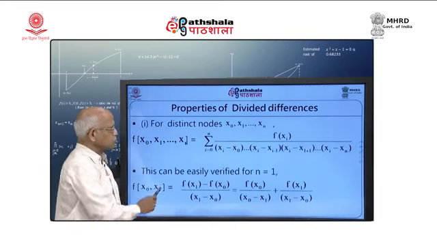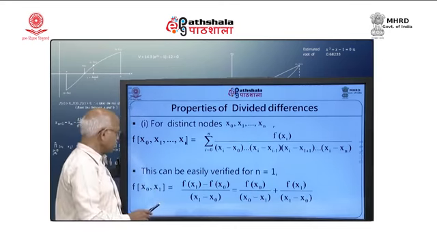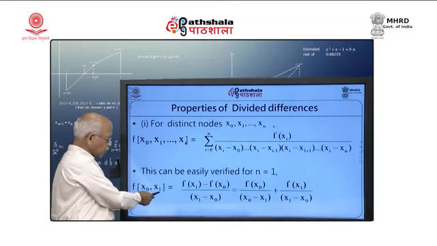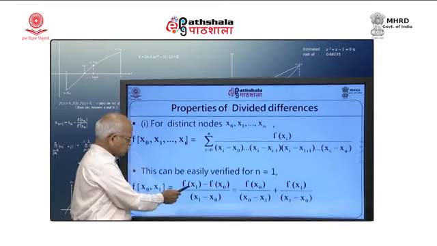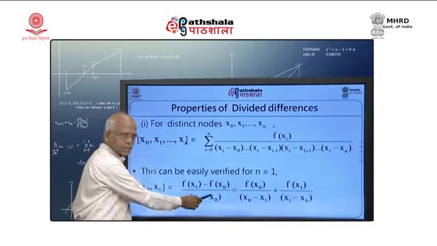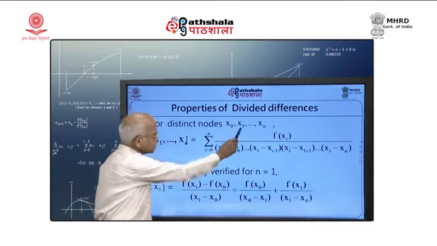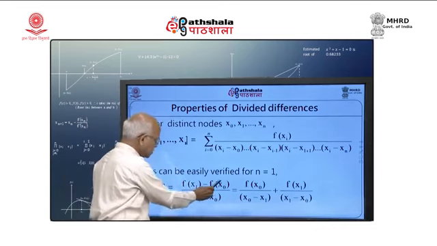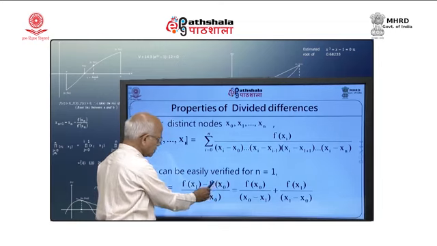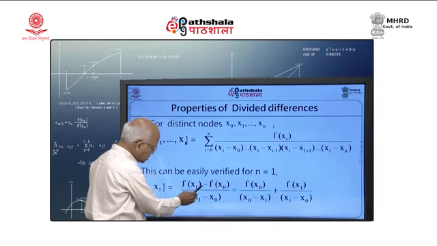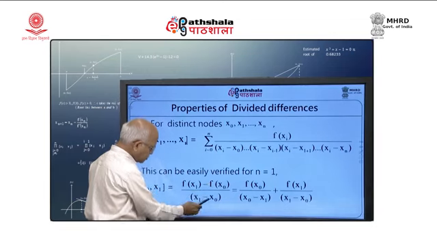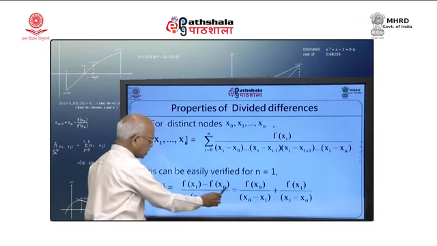For example, suppose I want to do n equal to 1. So, what is my divided difference? f x 0 x 1 is given by f x 1 minus f x 0 upon x 1 minus x 0. If I write it in this form, I will first write f x 0, and because this minus sign is there, I am changing the order: x 0 minus x 1.